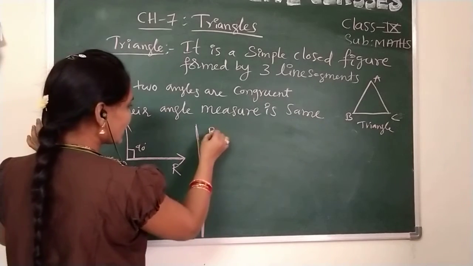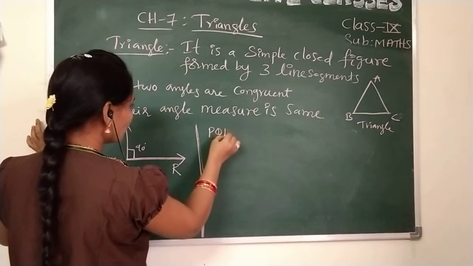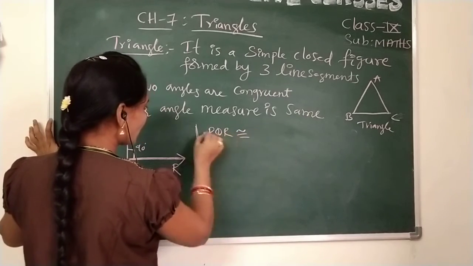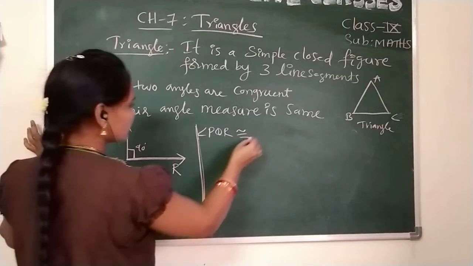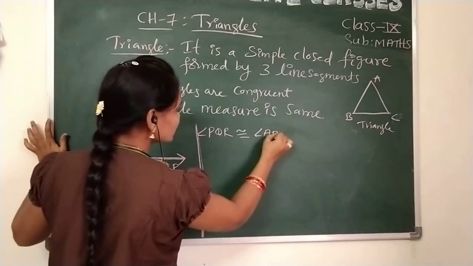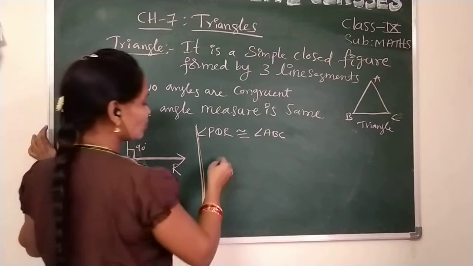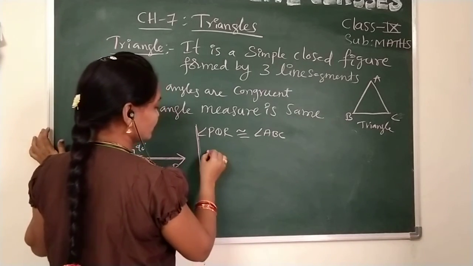So we can write angle PQR is congruent to angle ABC. Next, which are not congruent? That also I will show you.